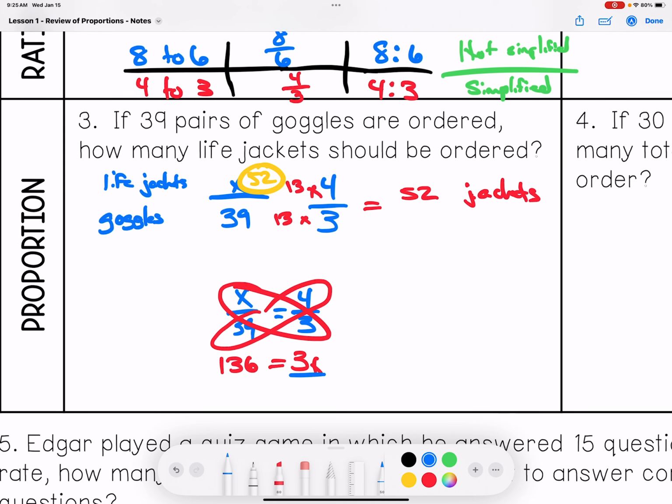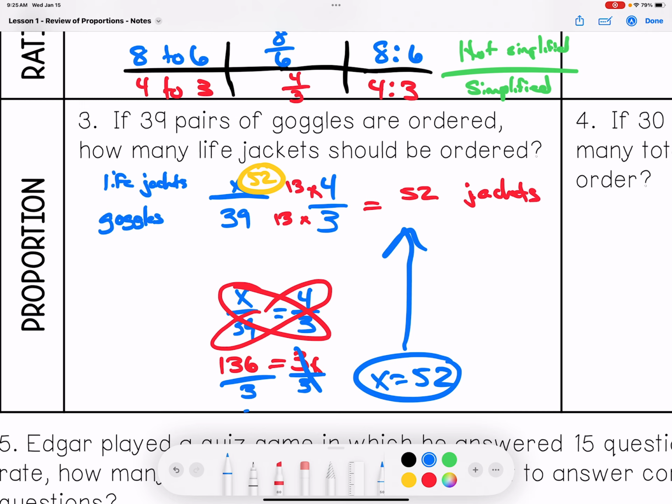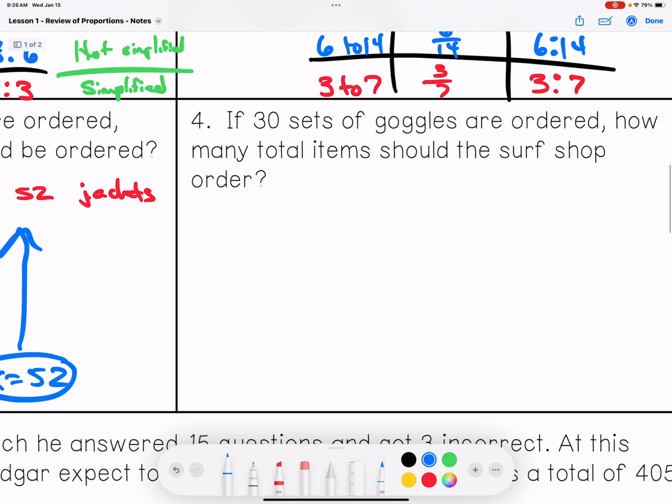And then you would have divided by 3, and you would have gotten x equals 52, which is the same thing as up above. So you could have used the butterfly had you wanted to. I would personally use the butterfly as long as you understand what you were doing, because they're not always as simple as finding out it's multiplied by 13.